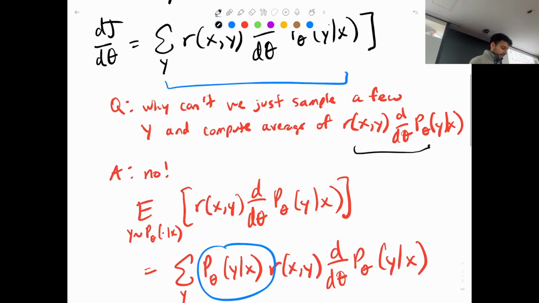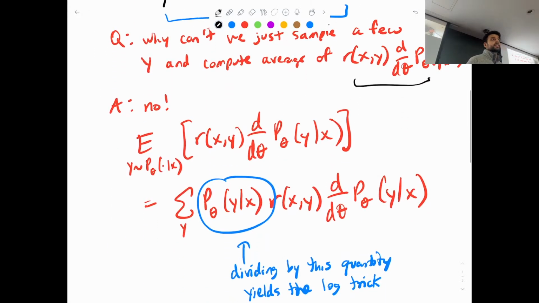So you can see that it's close, but it's off by this term here. And so if you want to correct for this term, by dividing everything in this sum by p theta of y given x, then you get exactly what we saw in the last class, which is the reward times the derivative of the log probability.